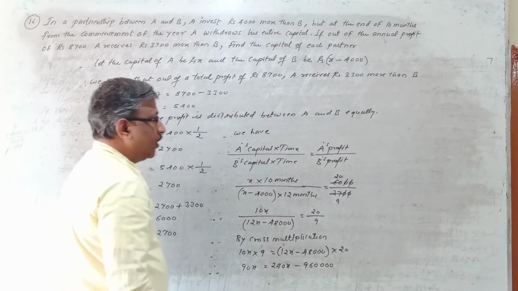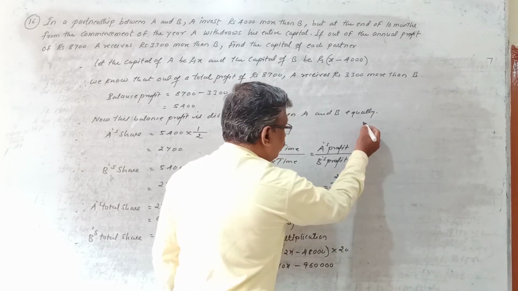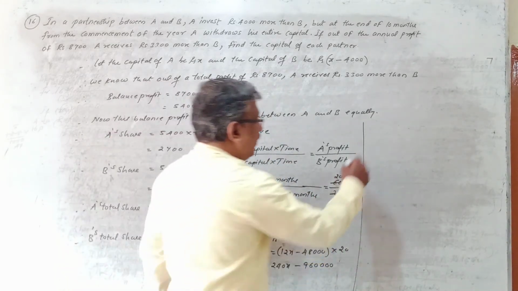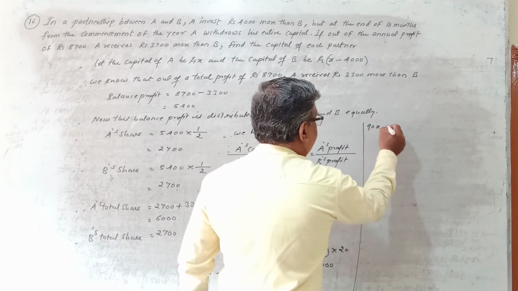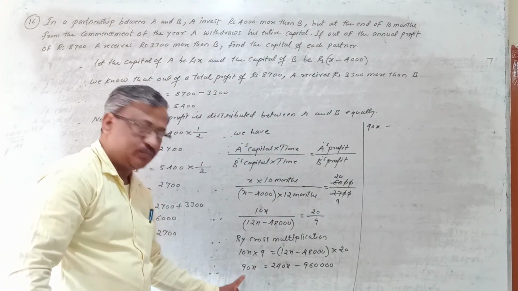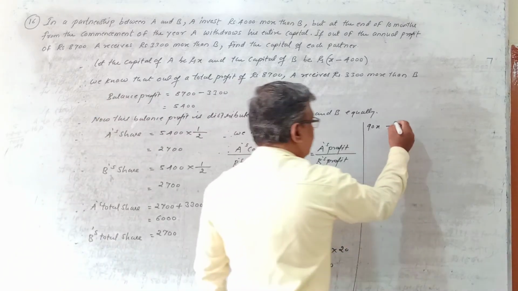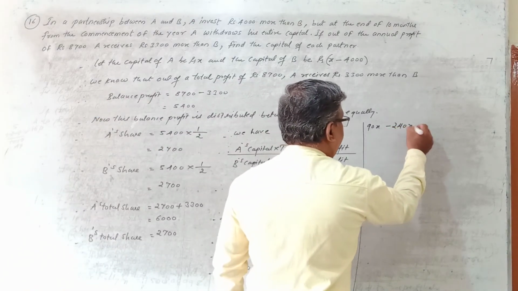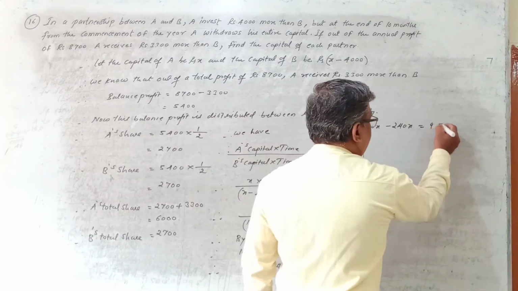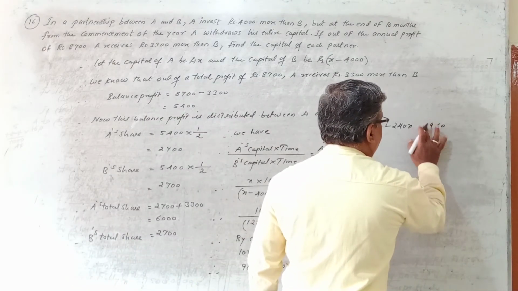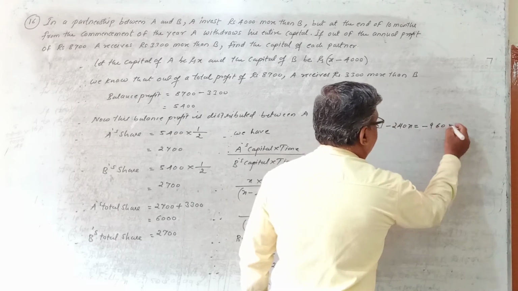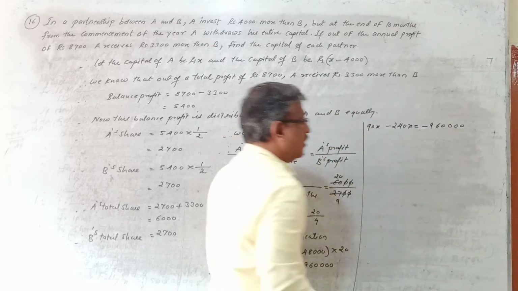Keep the 90x as it is, and take the 240x to this side. So this plus becomes minus 240x, equal to minus 9,60,000, which remains as it is.